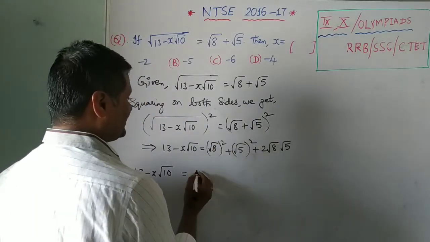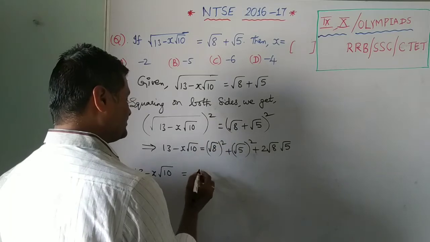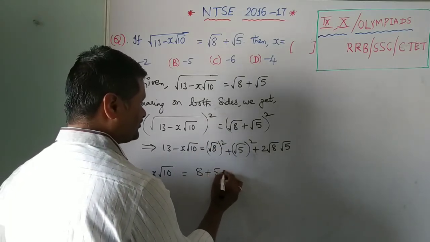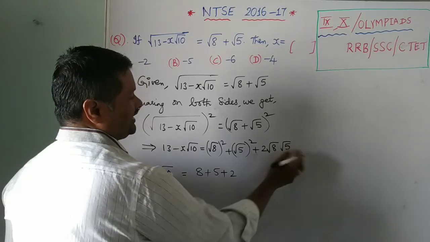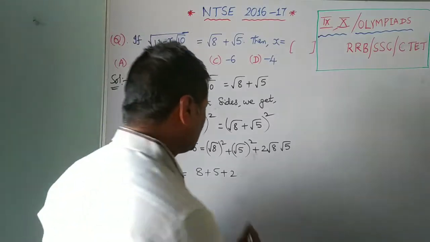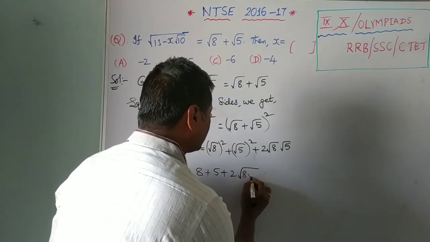Root and square get cancelled, so 8 plus 5 plus 2 root 8 into root 5. Root x into root y is root of xy, so root of 8 into 5.